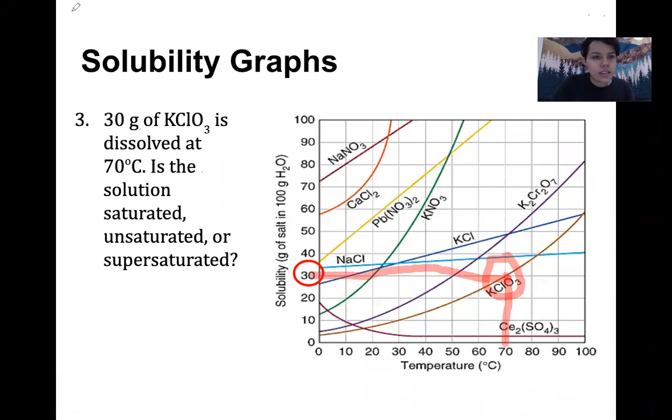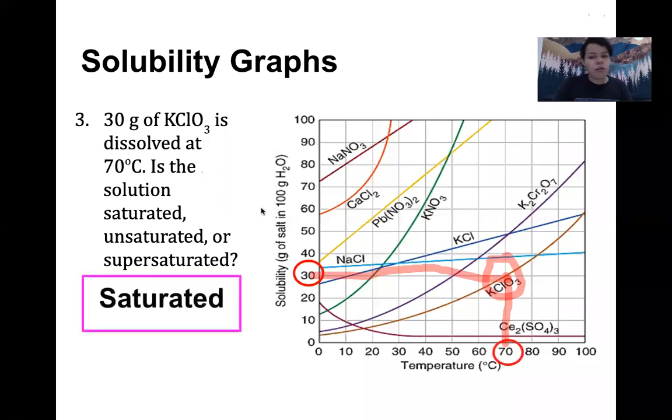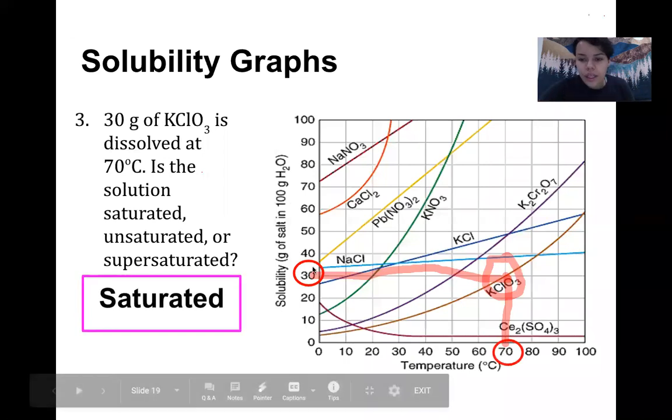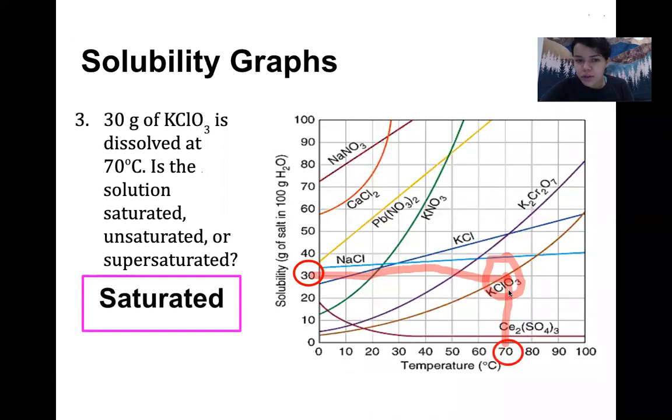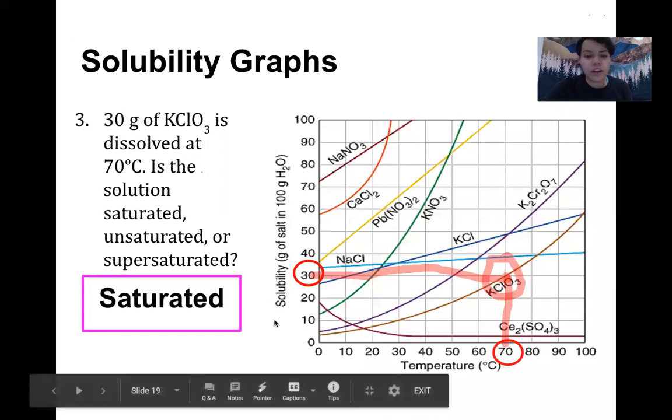That means it is saturated. Let's say that it wasn't, and it was right below, like right here. This line shows you when it's saturated. If it's right below, it's unsaturated. If it's right above, it's supersaturated, right?